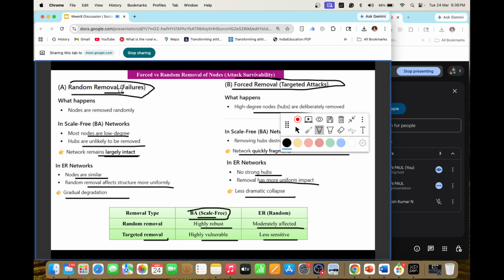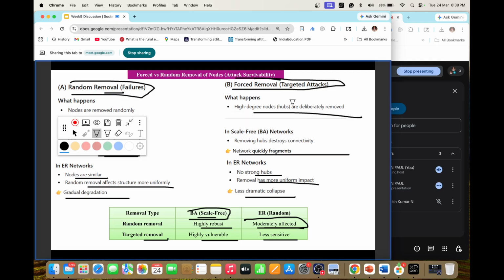But in an ER network, random removal affects the structure more uniformly, so you will have gradual degradation. It will be moderately affected in the case of random removal.